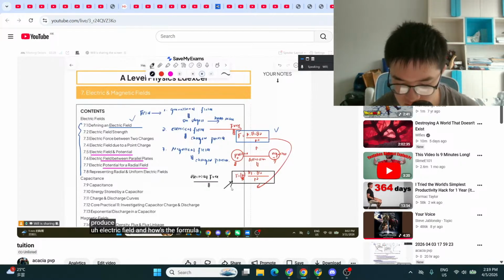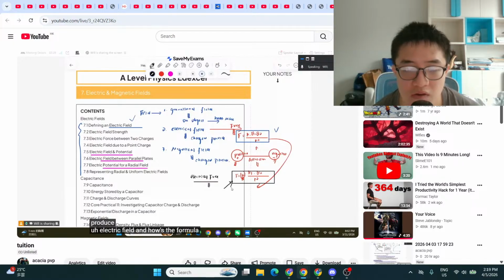Due to a single point charge, Q over 4 pi epsilon, I forgot the name of it, but permittivity of space times r squared.